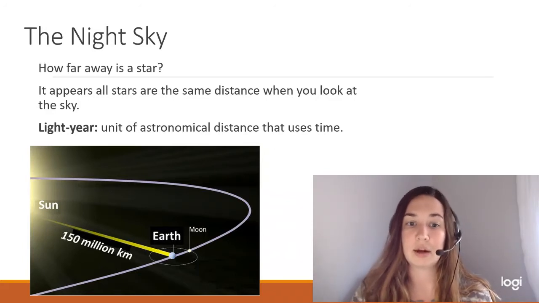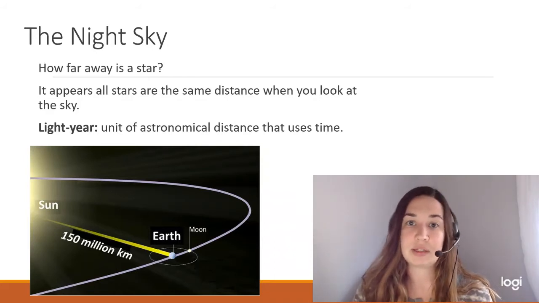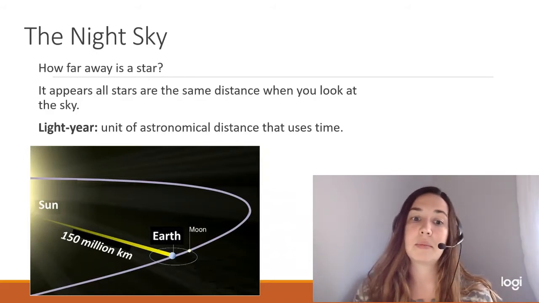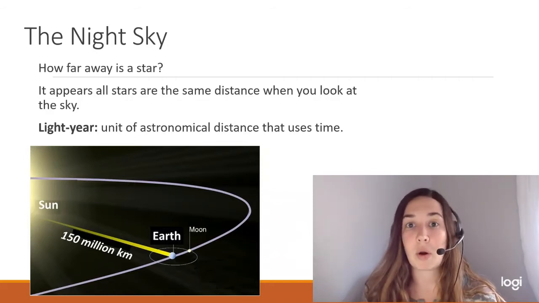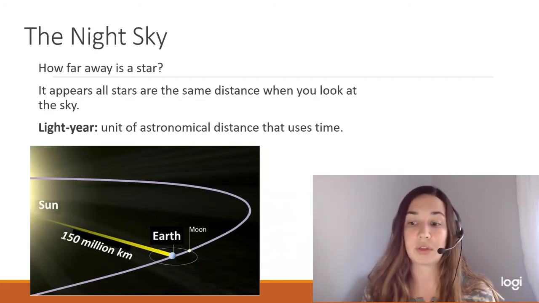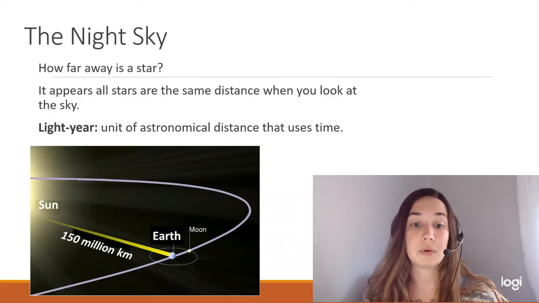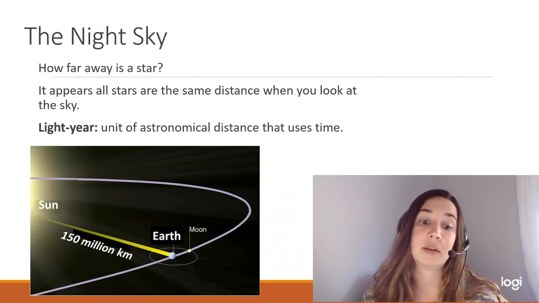A light year is basically a unit of astronomical distance that uses time. So we're using this distance and time to determine how far away a star or the sun or whatever is from Earth. The distance from our sun to Earth is about 150 million kilometers away.